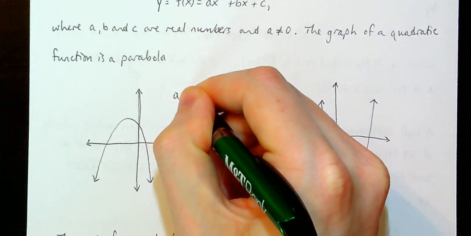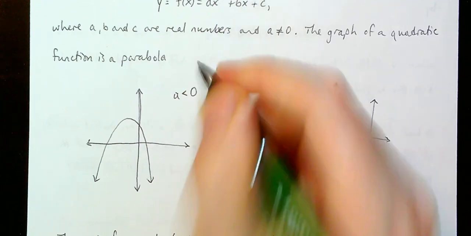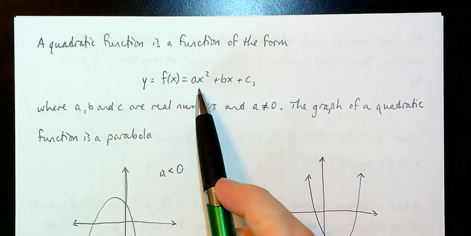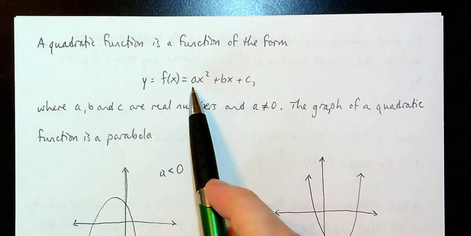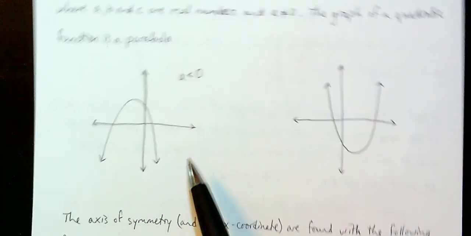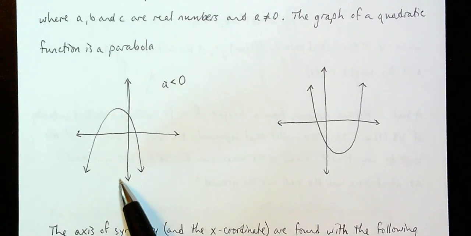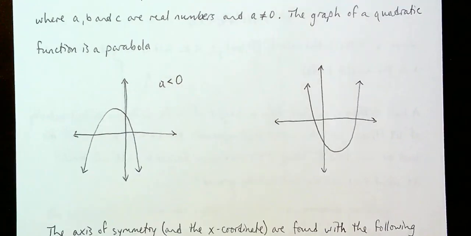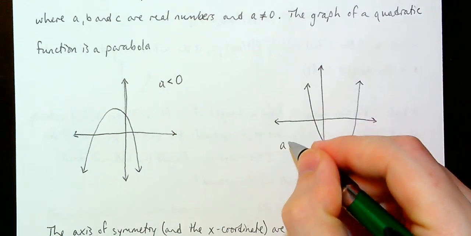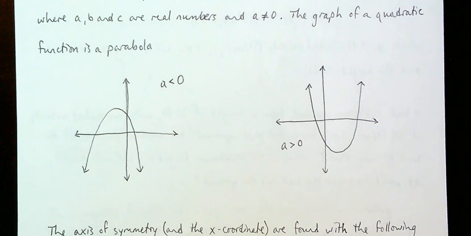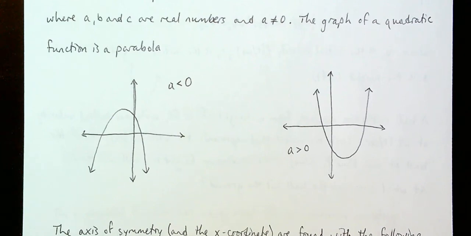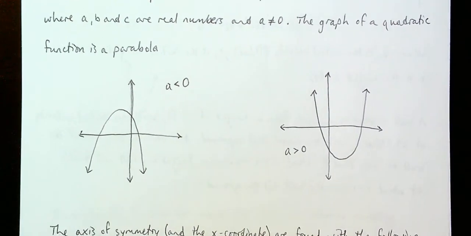Well, if a, which is that number in front of your x squared, is negative, then your parabola is going to open downward. It's going to look something roughly like this. If your a value is positive, then your parabola is going to look something like what we have right here. It's going to open upwards.